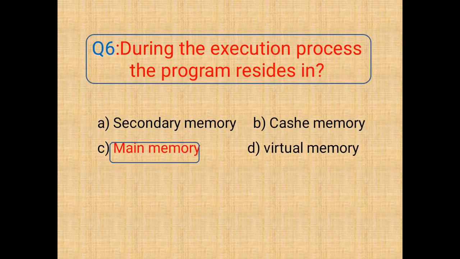For execution, a process resides in the main memory. When all processes start execution, they are loaded into the main memory. So the program resides in main memory during execution. The correct option is C, main memory.